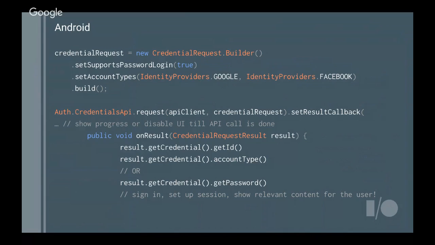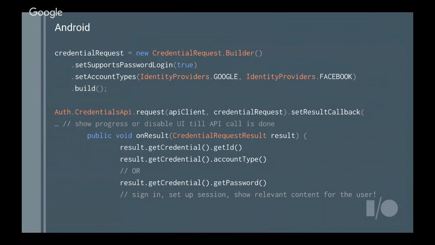With this credential request, you pass it into the API that we provide in the Play Services SDK, and you expect a callback. The response will either tell you that this user has nothing stored, perhaps they're a new user or they've never saved any information, or that they have some information available. That may be the username and password directly, in which case you can submit it to your server and set up a session for the user.